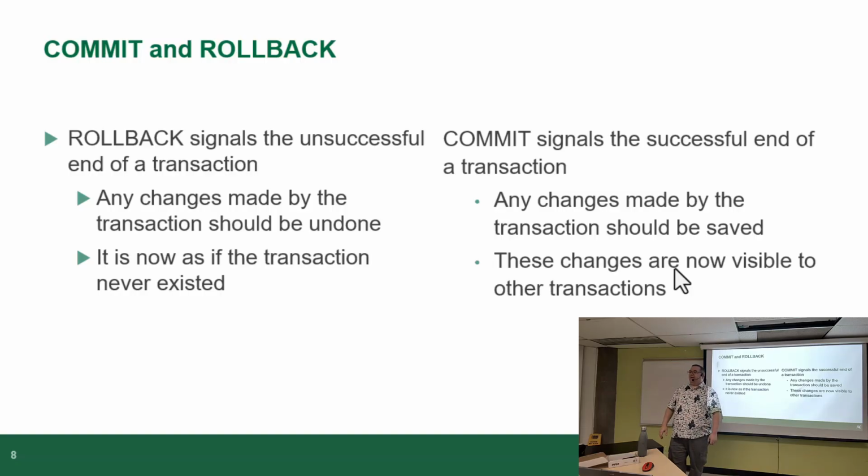It's permanent now. It cannot be lost, or should not be lost. Also, the moment something is committed, the other clients and transactions can now see the changes you just did. So rollback means undo whatever you were doing. Commit means we're all good. Everybody gets to now see the changes.